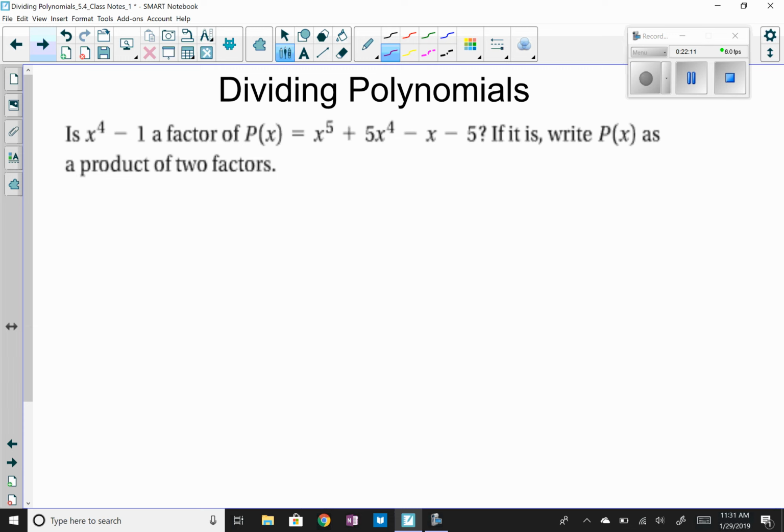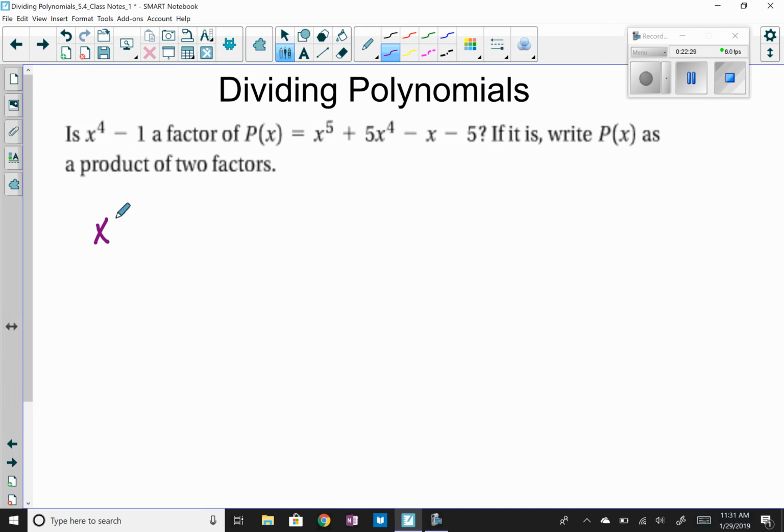All right, so they want to know, is x to the 4th minus 1 a factor of P of x equals x to the 5th plus 5x to the 4th minus x minus 5? If it is, write it as a product of two factors. So same thing as before. We've got to create placeholders here.